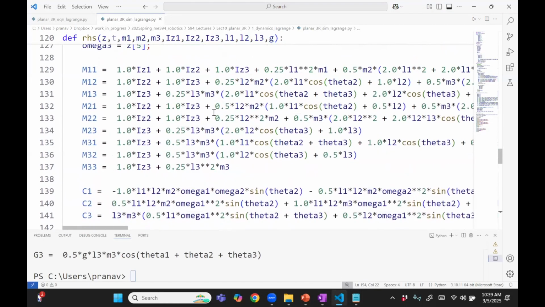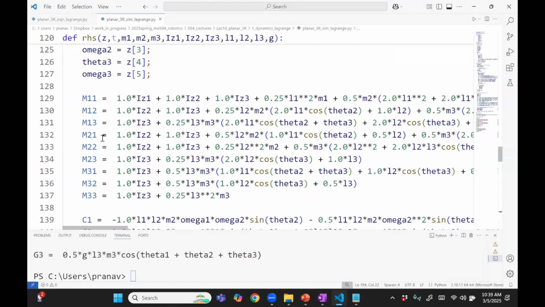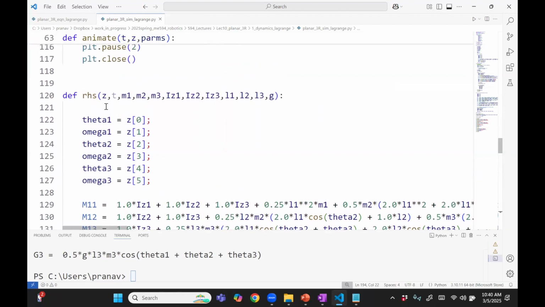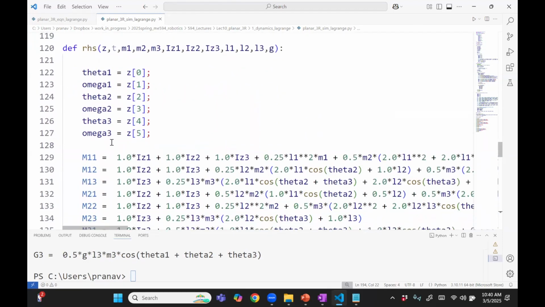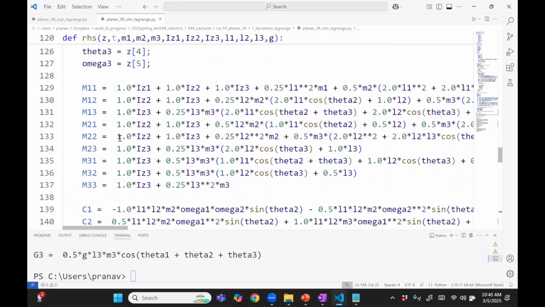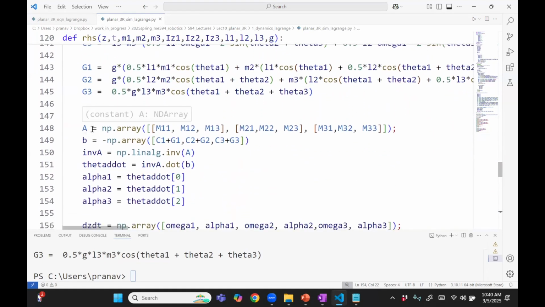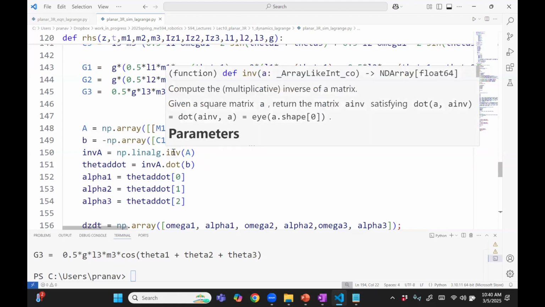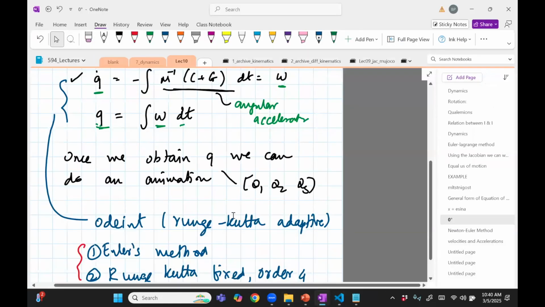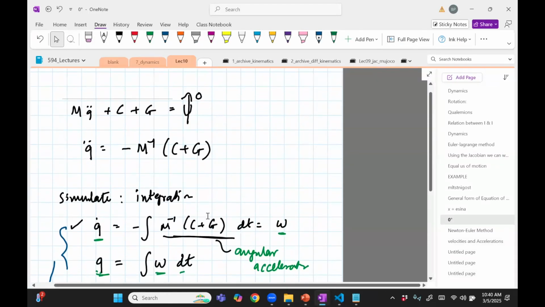You will see those equations here, M11, M12. This is basically the right-hand side, the things you want to integrate. It's going to sit here: the mass matrix, the Coriolis term, the gravity term. I've called A the mass matrix here, and B the sum of the gravity and Coriolis terms. And then I need to take A inverse times B.